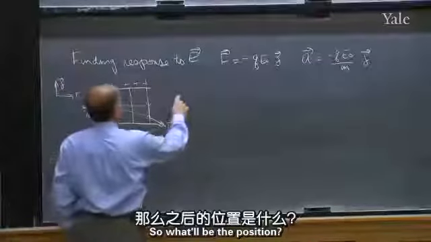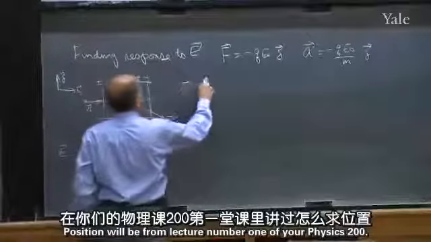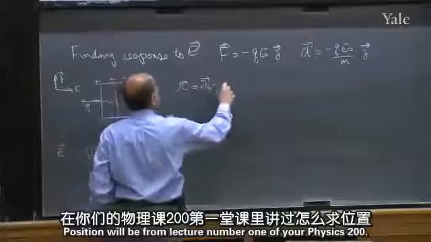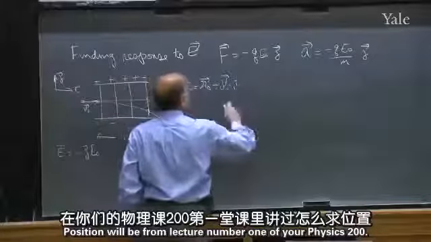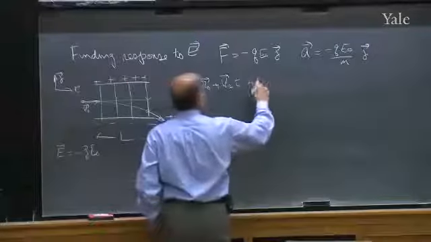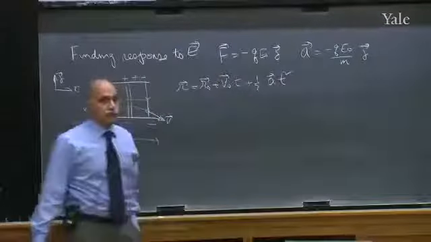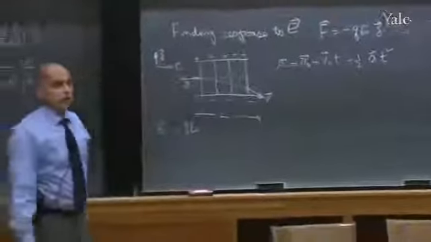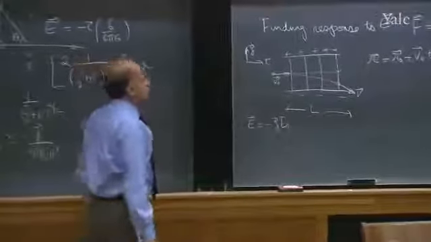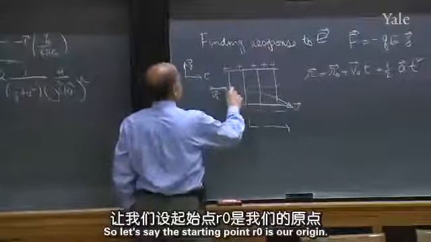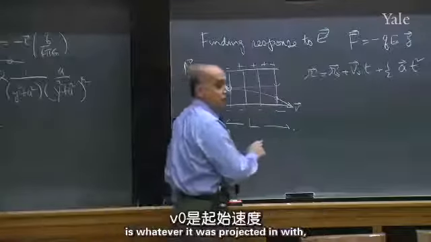So what will be the position? Position will be from lecture number 1 of your Physics 200. So let's say this starting point r0 is our origin.